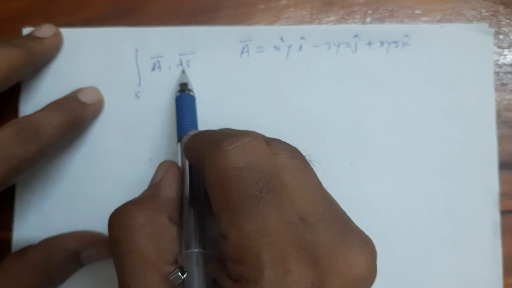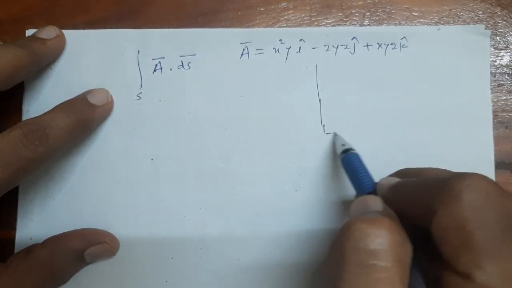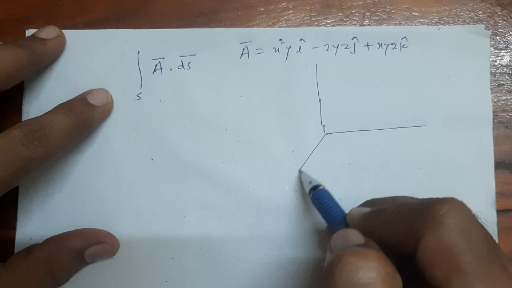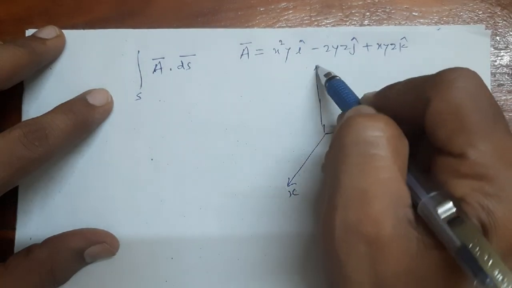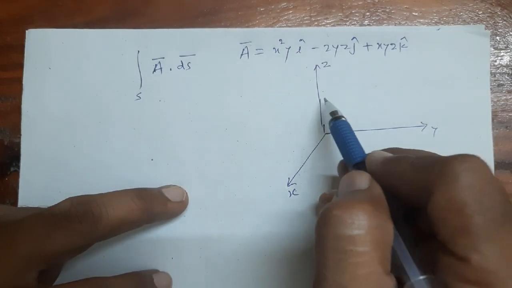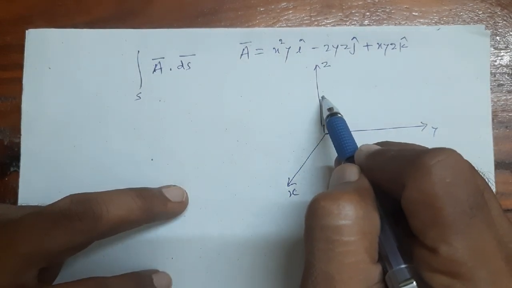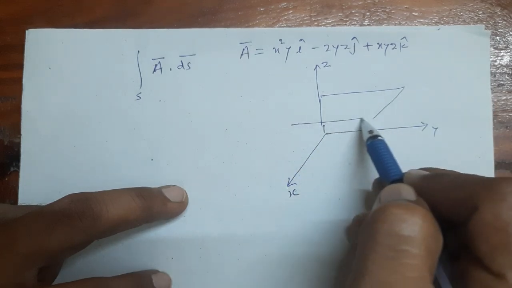To integrate it over the surface, we need to fix the surface. Correct? Now here I will let you know the surface in Cartesian coordinate system. This is the Cartesian coordinate system, and I will choose the surface which is something like this.